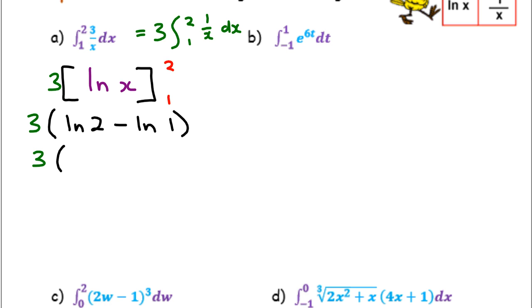What do you do? You divide these two numbers, don't you? When you subtract, if you were adding the logs, you would multiply them. So when you're subtracting the logs, ln2 over 1, I'll just show that as working out, equals 3 ln2, obviously.